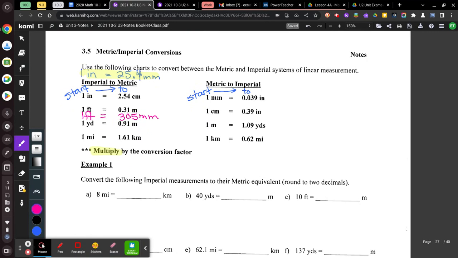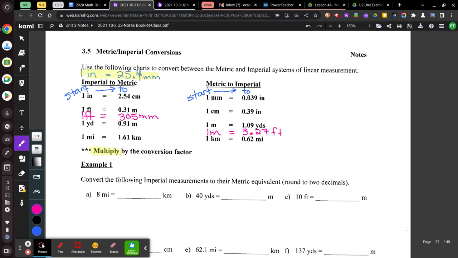And then there's on the other side, 1 meter is equal to 3.27 feet. Okay, so those ones are missing. Please add them to the list because you're going to need those numbers. Okay, so we're going to use those numbers on the next questions here.